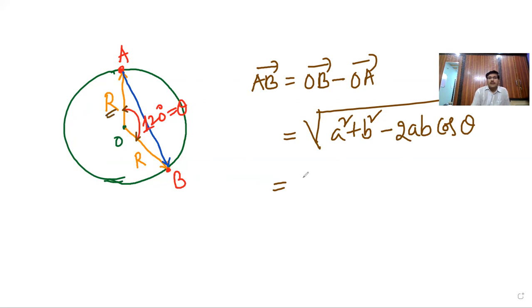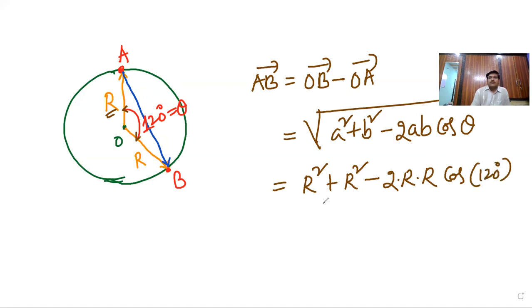R, radius. So R square. What is the magnitude of second vector OB? R square. Minus 2 into R into R, cos of the angle between. What is the angle? 120 degrees.